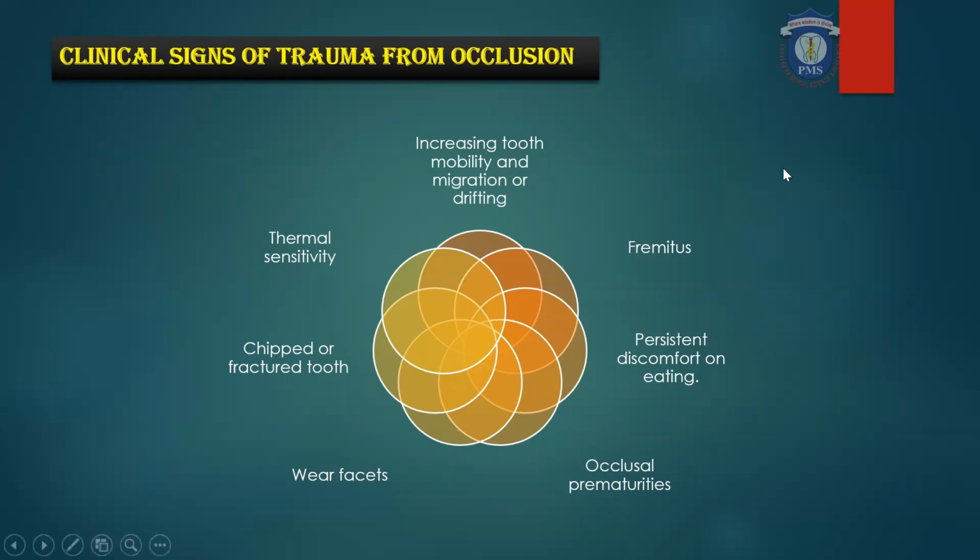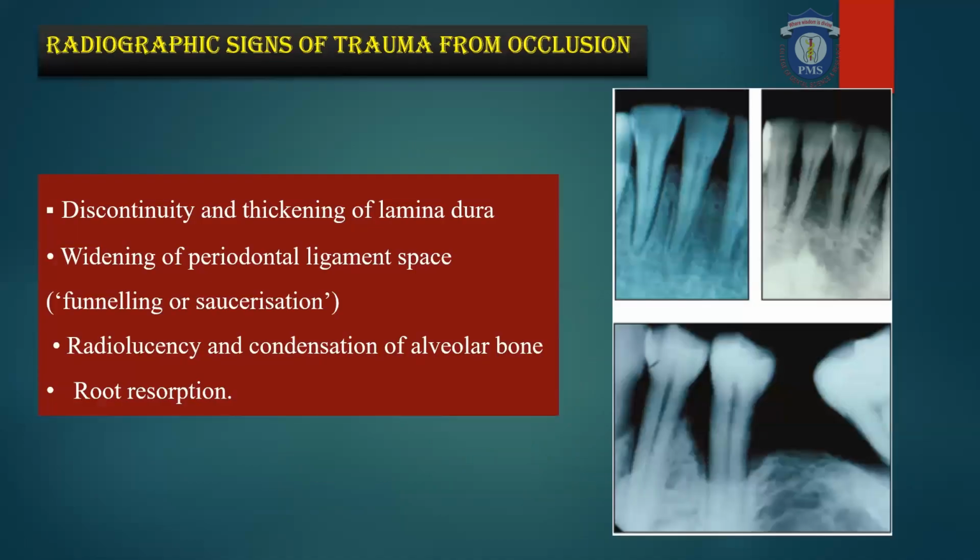The Fremitus test will be positive in trauma from occlusion. There will be persistent discomfort on eating, occlusal prematurities, presence of varices, chipped or fractured teeth, and hypersensitivity to hot and cold foods. So these are the clinical signs of trauma from occlusion.